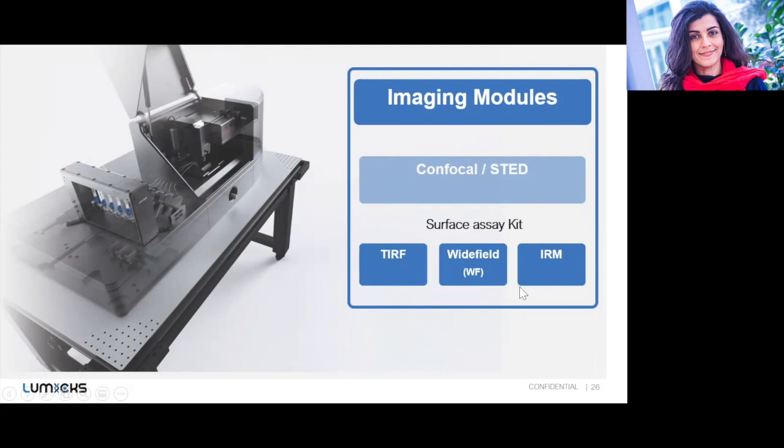Since IRM is a less common technique, I'm sure that most of you know about TIRF and wide field, I will introduce IRM more. So IRM is interference reflection microscopy, which is a label-free imaging technique, which is based on the scattering of light from the sample.